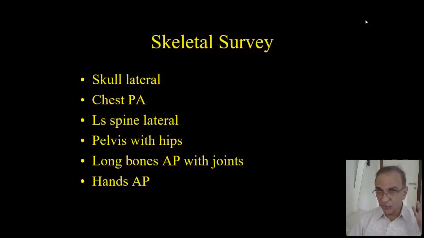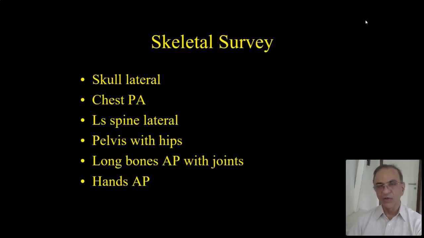So this is where you contribute right at the beginning by broadcasting from rooftops that when you want to do a skeletal survey for skeletal dysplasia, don't do head to foot, AP and lateral, sometimes oblique. So this is the ground that you should cover.